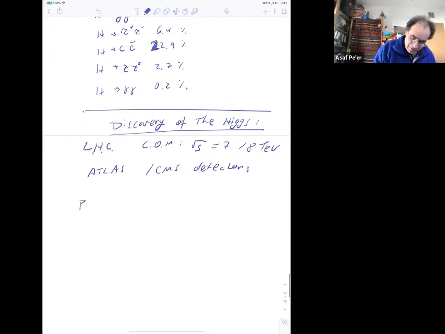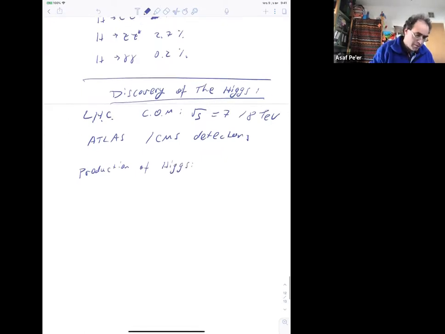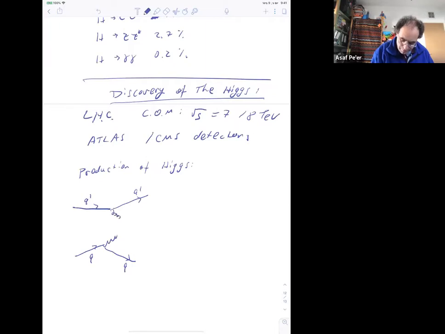So production of the Higgs goes something like that: you have 2 quarks, Q and Q prime, colliding, and then they exchange gluons, which have the loop of the top quark, which then produces the Higgs.